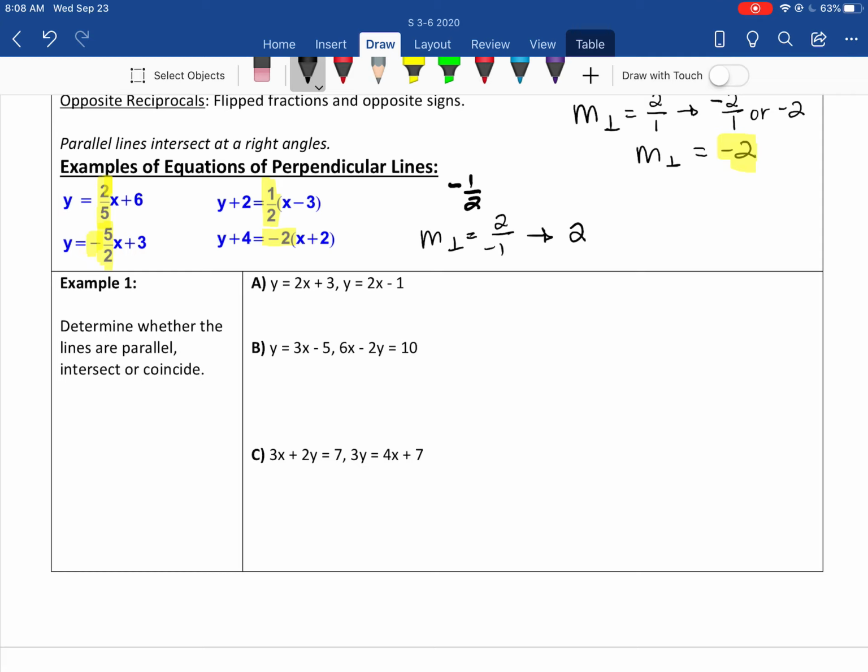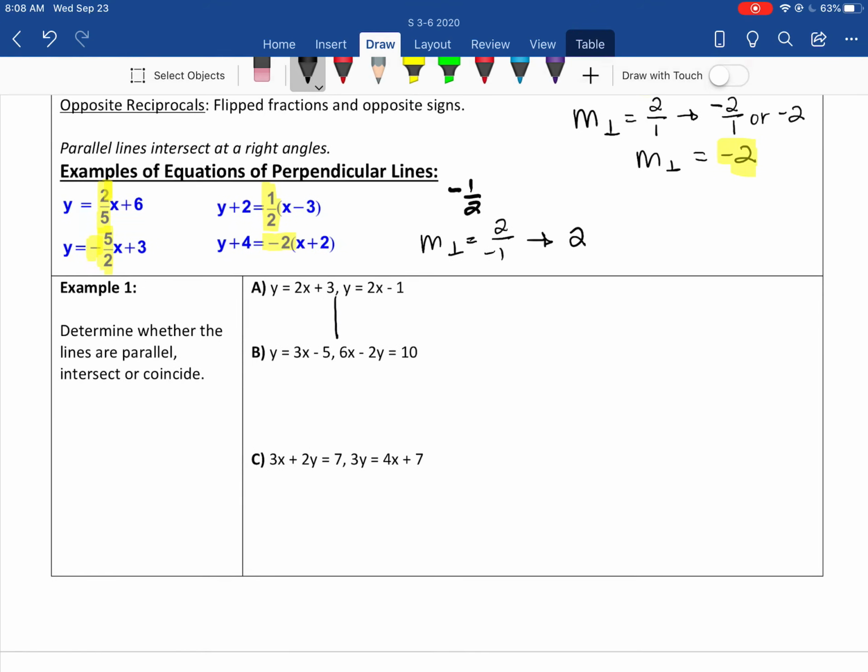All right, so in example 1, it wants us to determine whether the lines are parallel, intersect, or coincide. Okay, so we're going to look at our first equation. All you have to do to figure this out is find out what their slope is. So we're just going to figure out whether they're parallel or perpendicular.